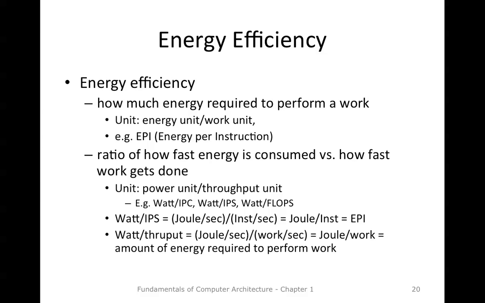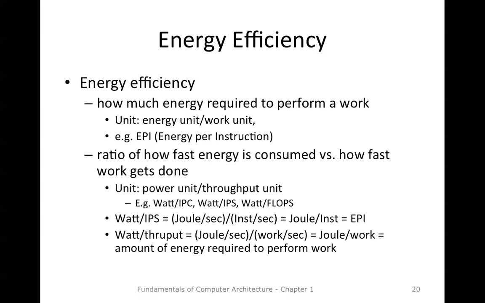Another way of looking at energy efficiency is the ratio of how fast energy is consumed versus how fast work gets done. The unit here is the power unit divided by throughput unit. So, for example, it may be watt per instruction per cycle, which is a throughput unit, watt divided by instruction per second, or it can be watt per floating point operation per second.